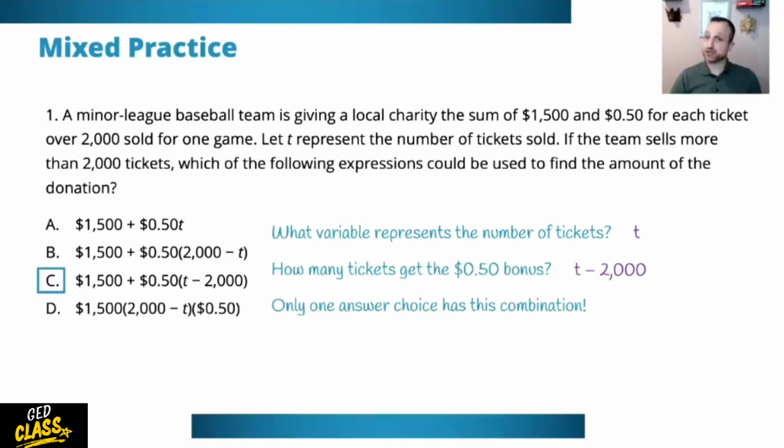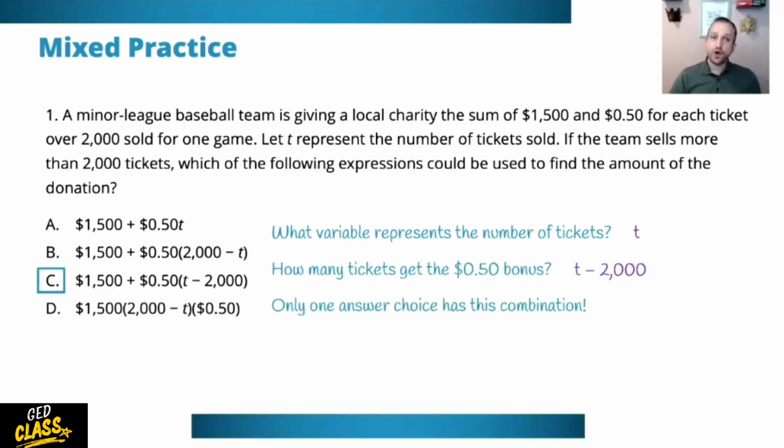So it couldn't have been answer choice D. Between B and C, we would have to be careful, make sure we didn't do T minus 2,000 or 2,000 minus T and mix match those by accident. But even by just taking a small piece of this, knowing that 2,000 had to be in there added to something or subtracted from something, actually got us down to B versus C right away.